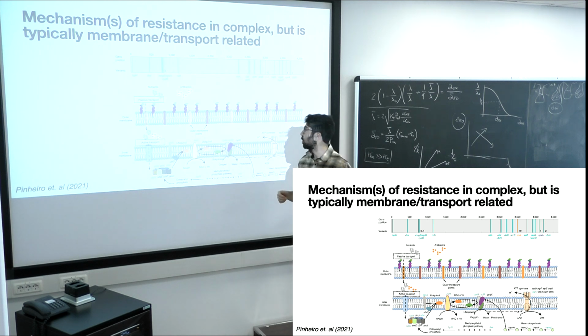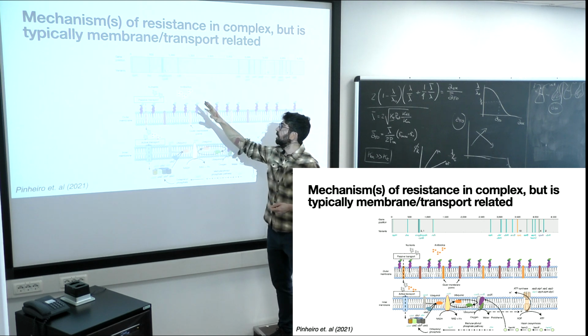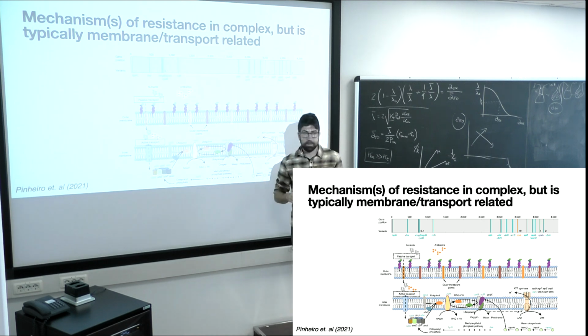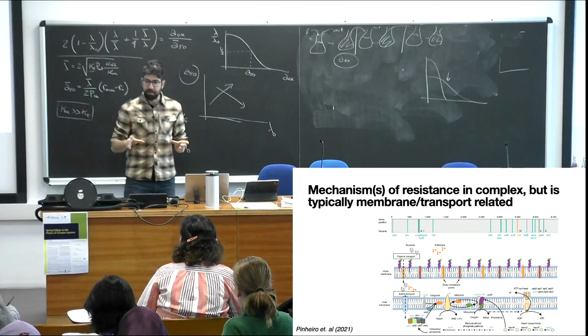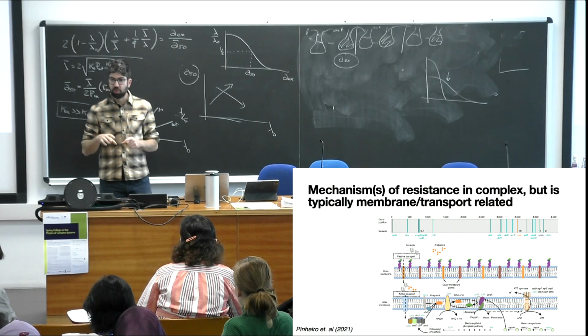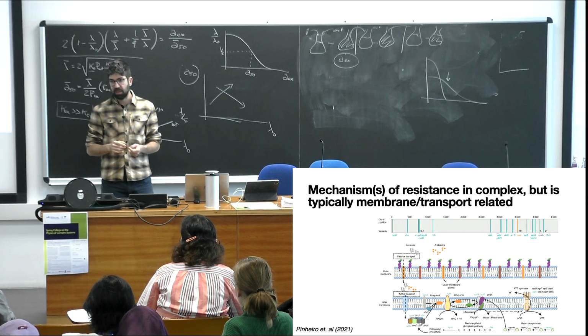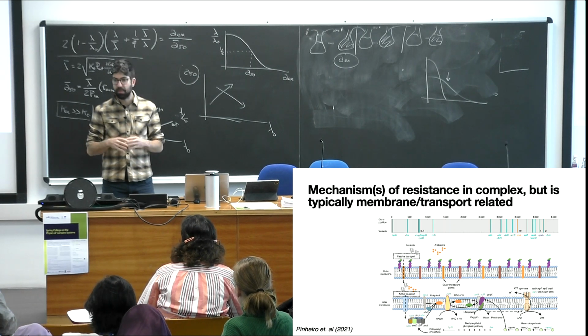And if you do that, what you find is that you have differences typically appearing in genes that are related to the membrane, okay? So to the transport of the antibiotics. So the way it seems that they evolve is something related to the membrane.